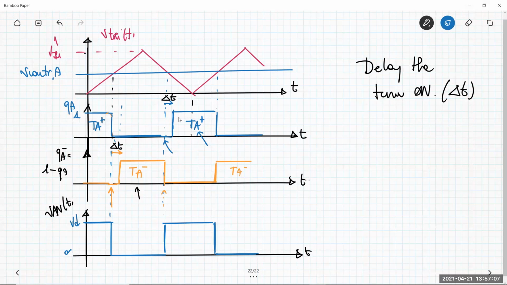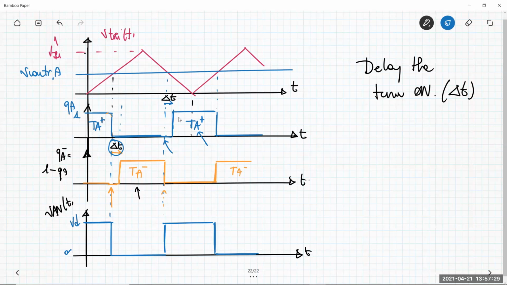So there will be a situation in which, from TA plus to TA minus, for the time interval delta t, both switches are open. Now my question is what happens when both switches are left open? Because up to now, this situation is not considered.